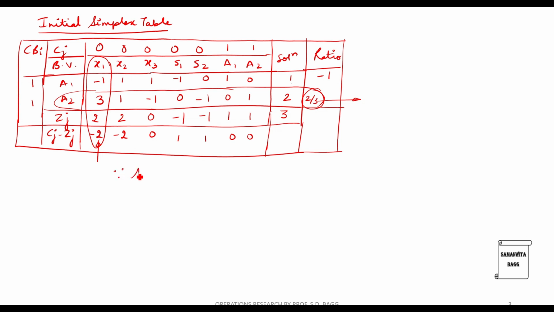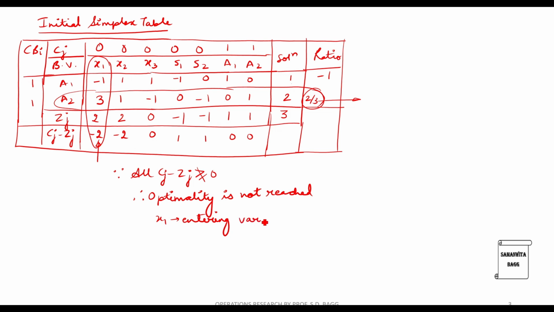So I'll write down, since all Cj minus Zj are not greater than equal to 0, therefore optimality is not reached, and x1 is going to be the entering variable, A2 is the leaving variable.